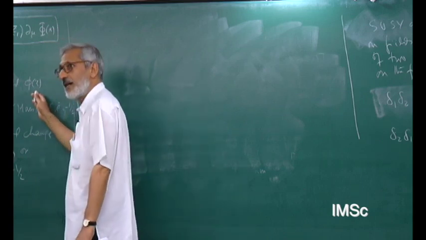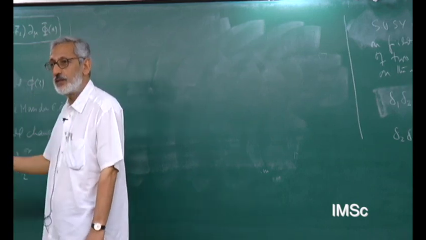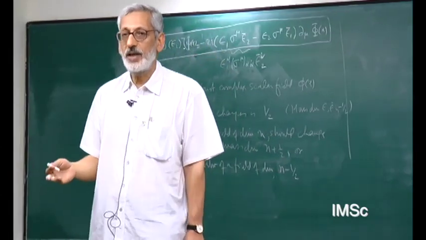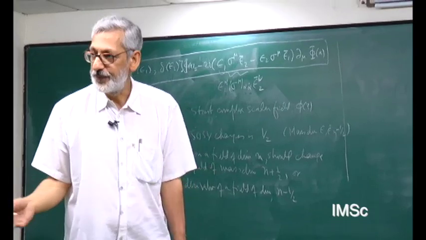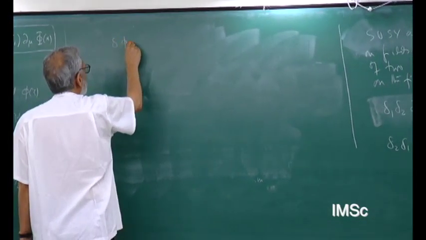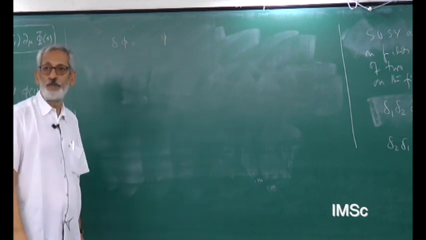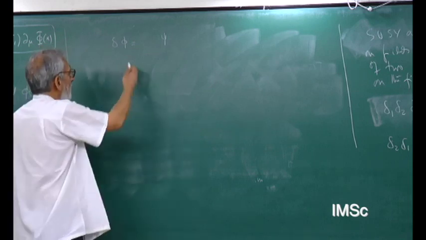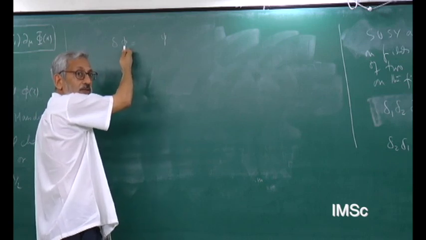So phi, which is mass dimension 1, under this transformation should transform into a mass dimension 3 half object, and a mass dimension 3 half object is a fermion. So delta phi has to be proportional to a fermion. Call it psi. But this has to be a Lorentz scalar, because phi is a Lorentz scalar.